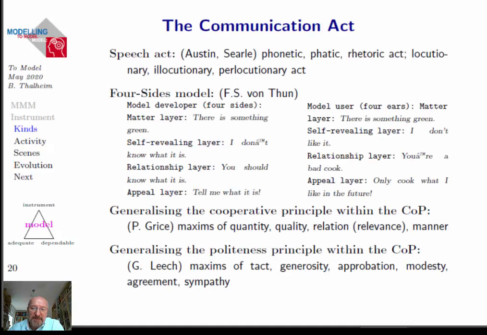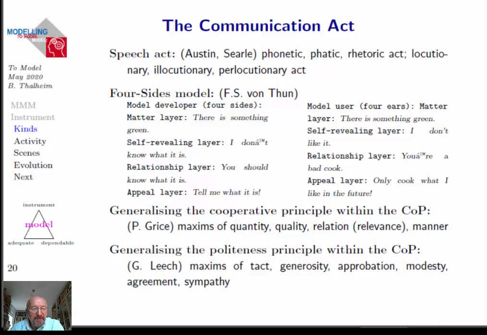That means in this case we can use maybe Searle's speech act theory with different kinds of uses: phonetic, phatic, rhetoric acts. Some of them are maybe locutionary, illocutionary, or perlocutionary.